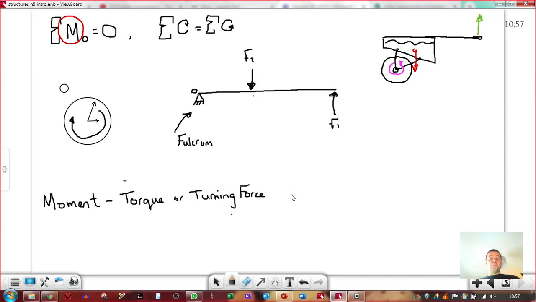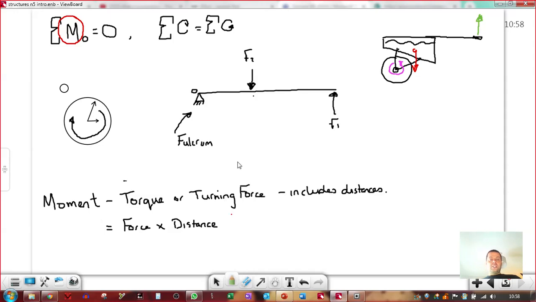It's important that we include distances. A moment is a mathematical thing. A moment equals the force applied multiplied by the distance between the force and the centre of rotation.